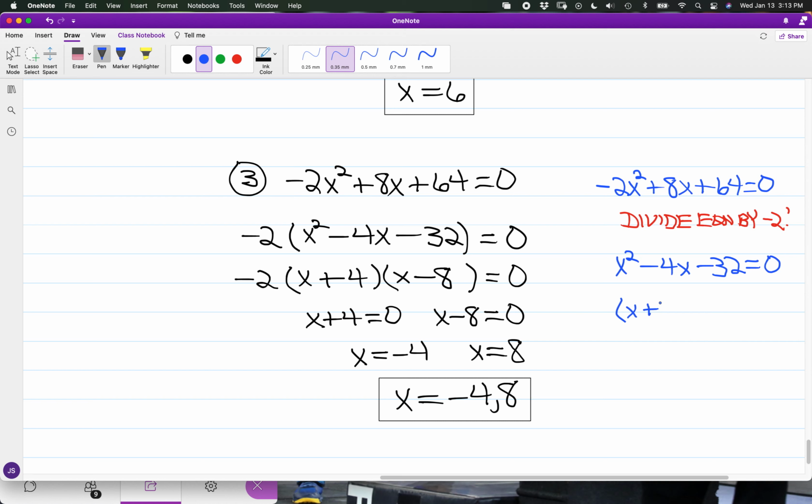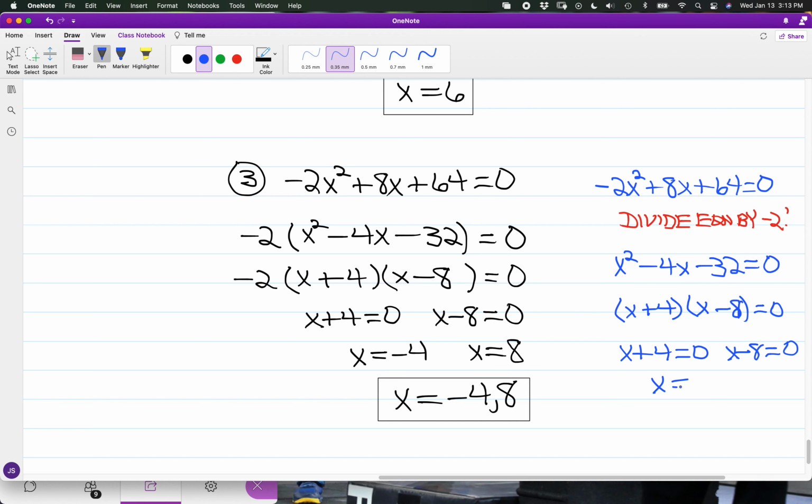You'll still have the same binomial factors, and once again, setting each of these equal to 0, you still have x at negative 4 and also x at positive 8. Both approaches are viable, and you still get the same result.